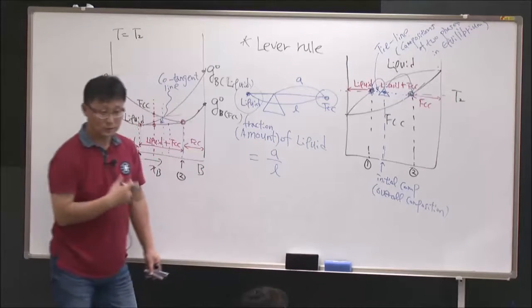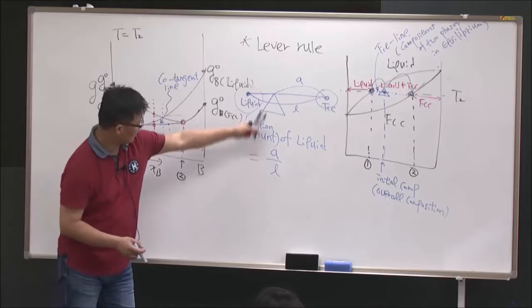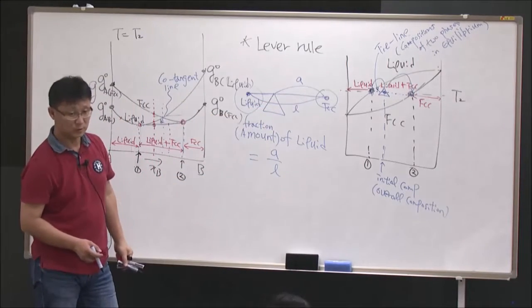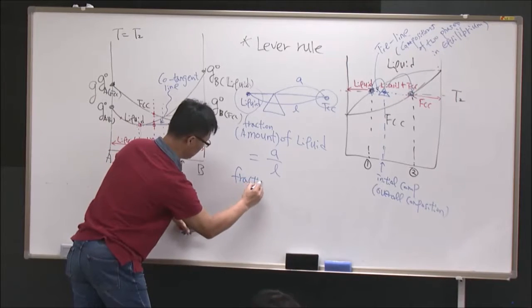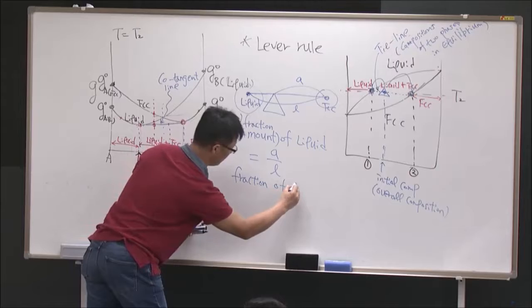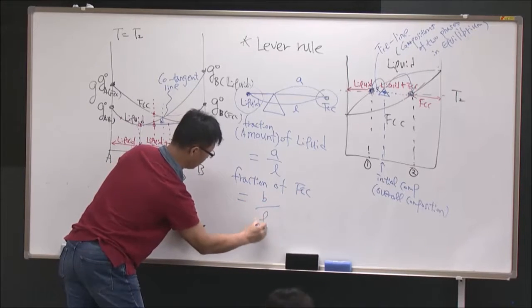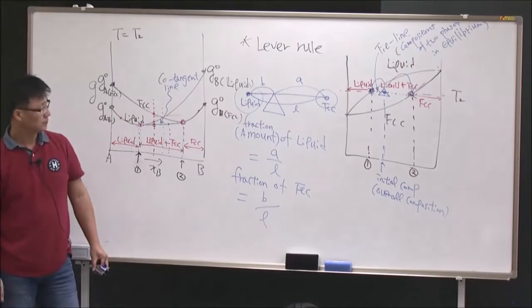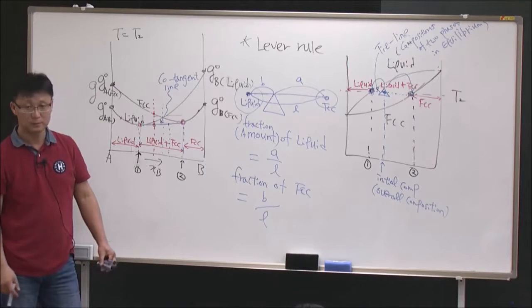On a weight basis, the fraction of liquid should be A, this distance, divided by the entire distance of your seesaw, L. And the fraction of FCC solution should be P divided by L, or L minus A divided by L.